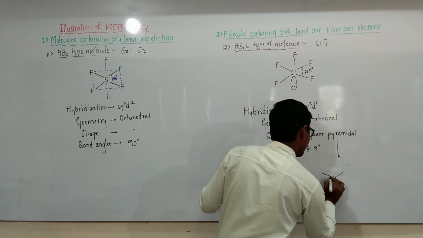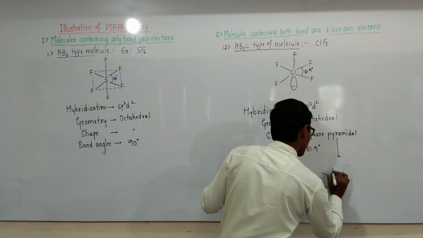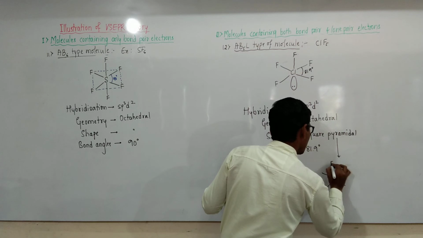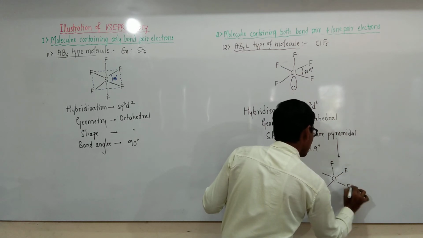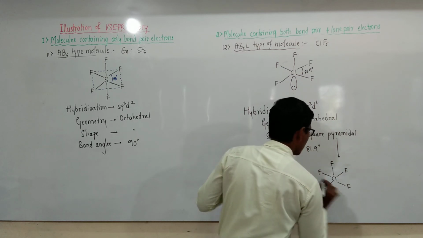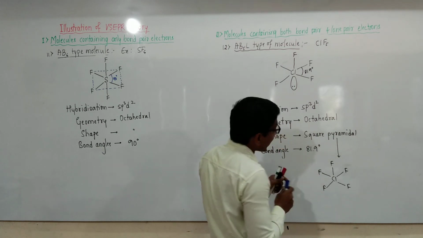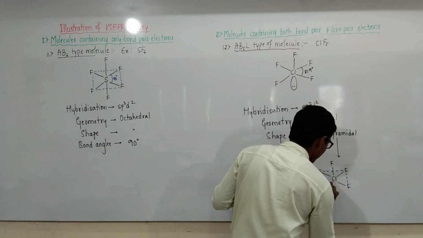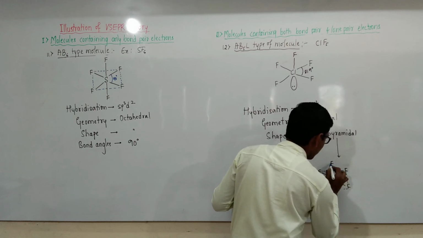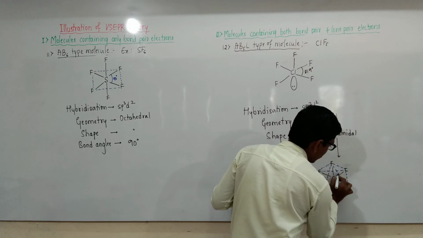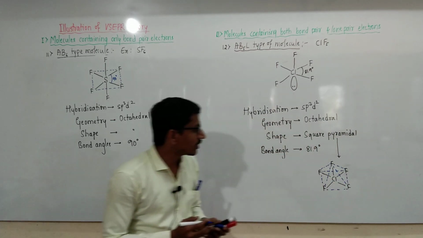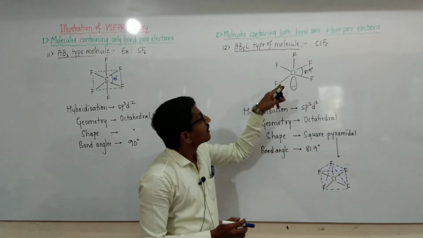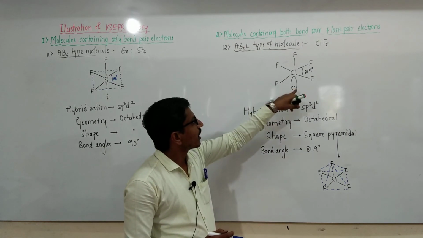The square pyramidal is Cl like this, excluding the lone pair of electrons. This is the square pyramidal shape of ClF5, which contains one lone pair.